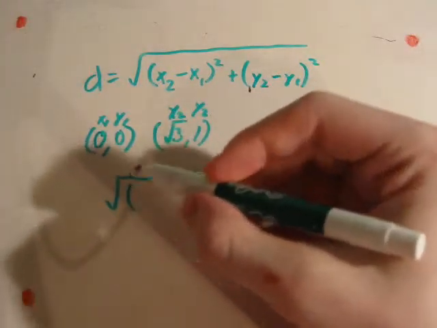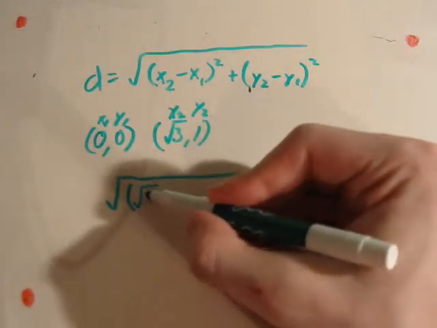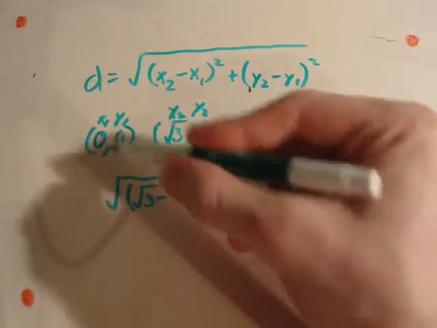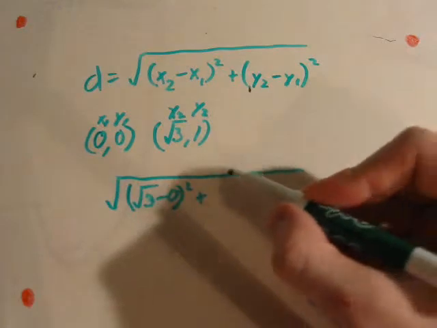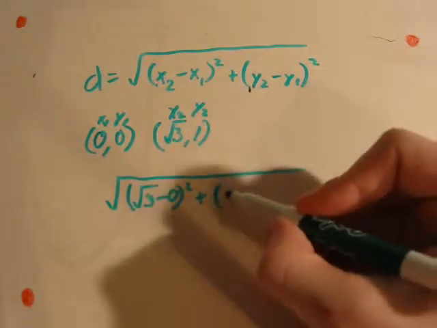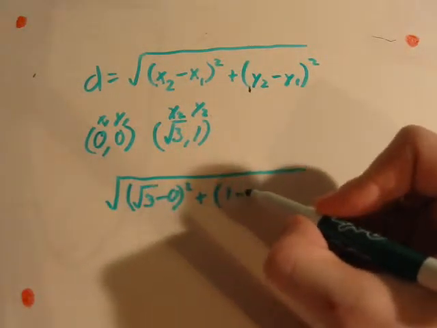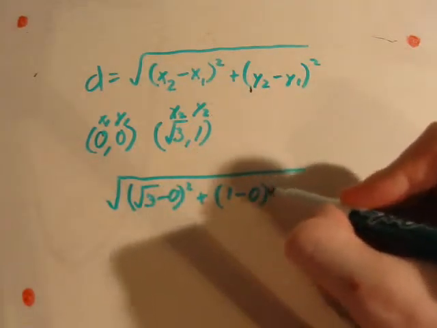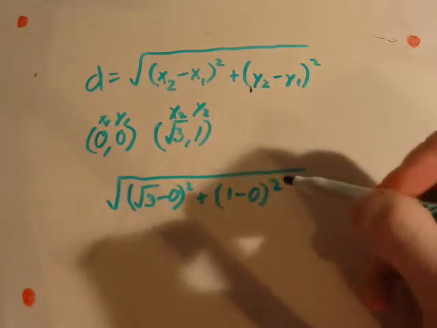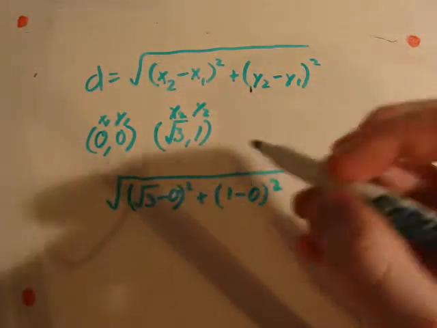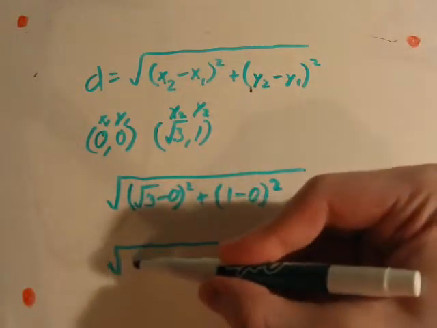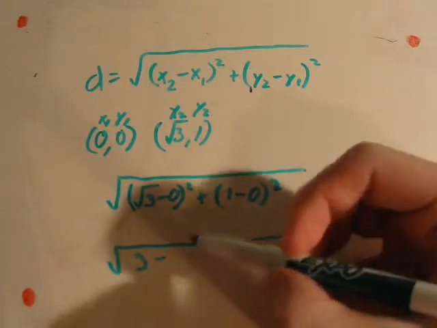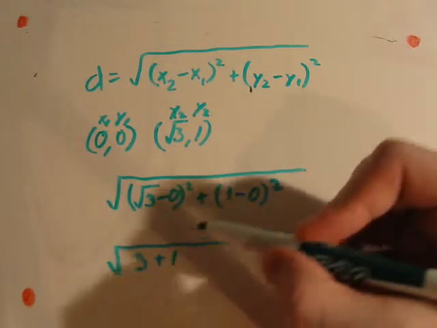Put together, we've got the square root of 3 minus 0 squared plus 1 minus 0 squared, which simply translates to the square root of 3 plus 1.